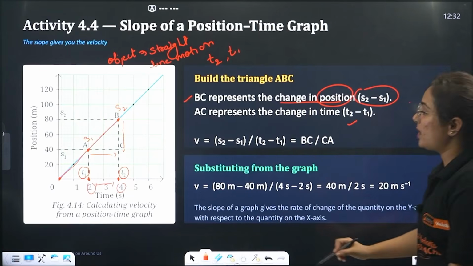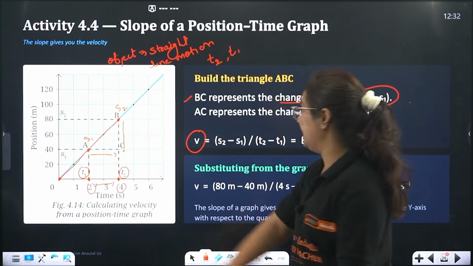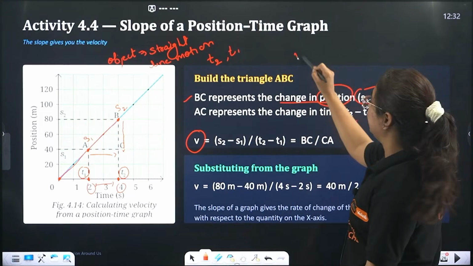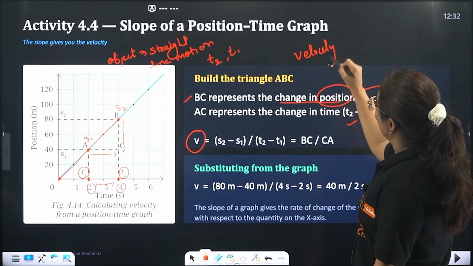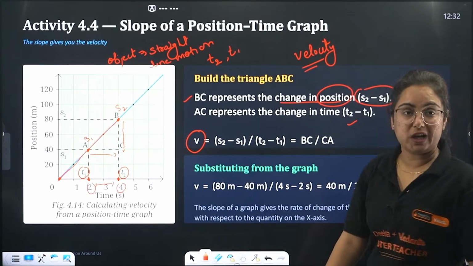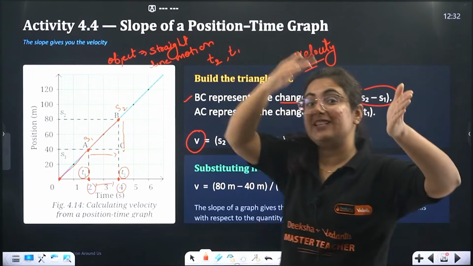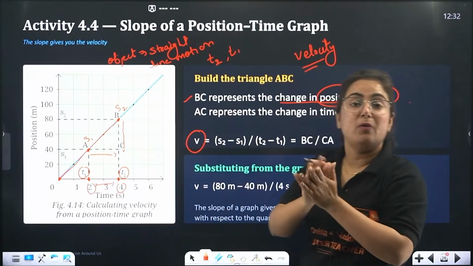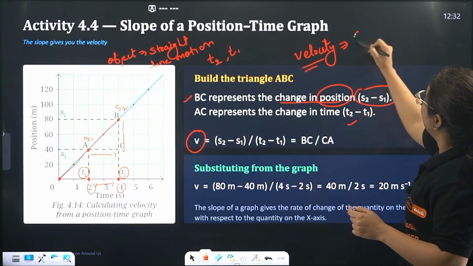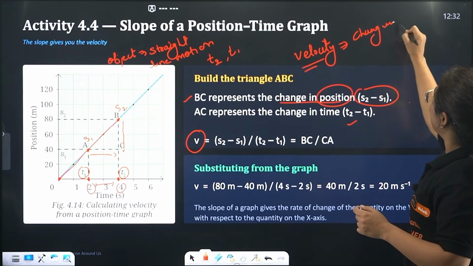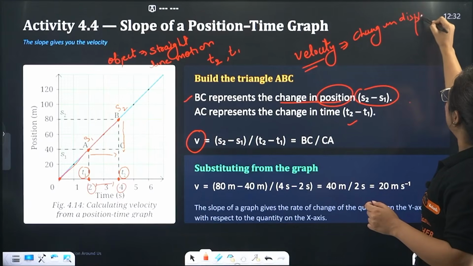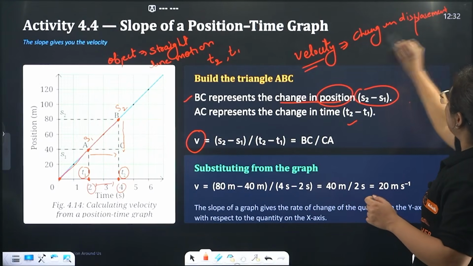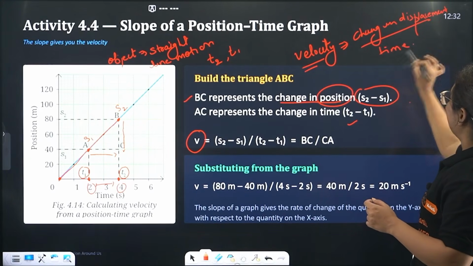Now coming to the question, beta, if we need to find the velocity of the object moving from one position to another, so it will be what? Change in displacement, right? Change in displacement upon what, beta? Upon time. So can we calculate this?